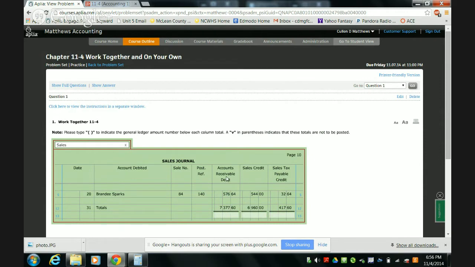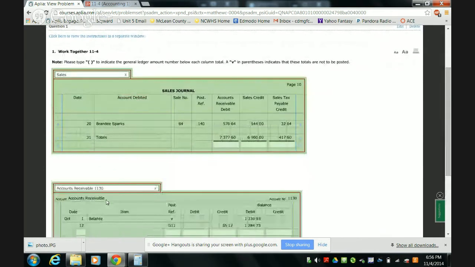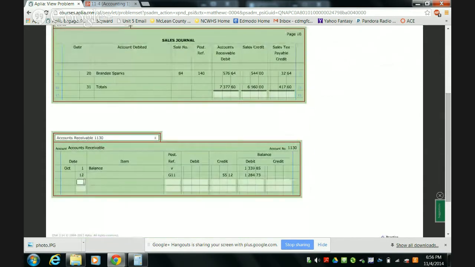If I want to post the accounts receivable debit, I go over to their ledger for accounts receivable. On the 31st from S10, I've got a debit of $7,377.60.